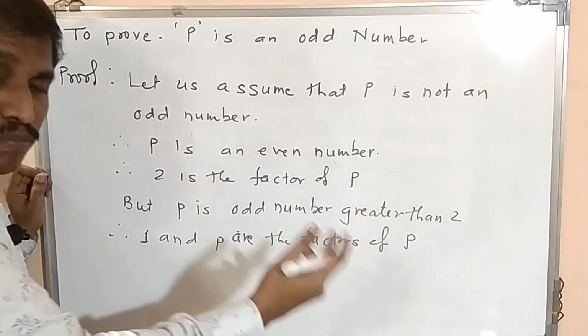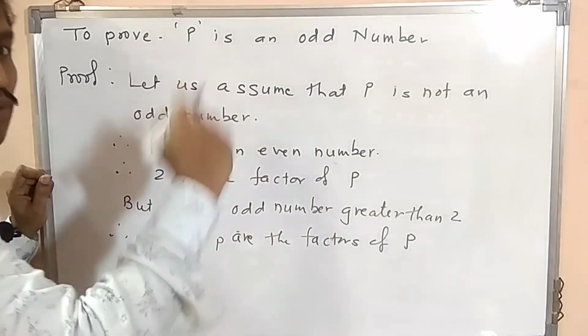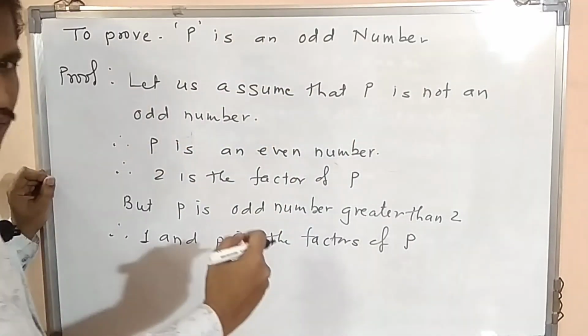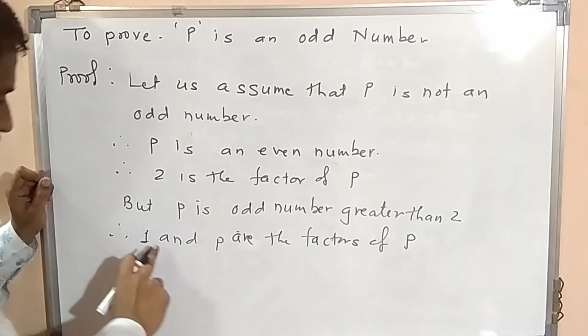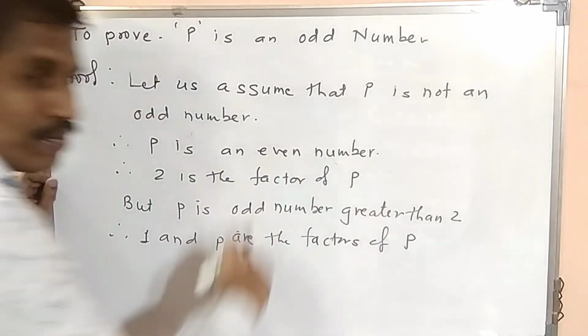If a number has only two factors, that is 1 and that number only, the number is called a prime number, and therefore 1 and P are the two factors of P.